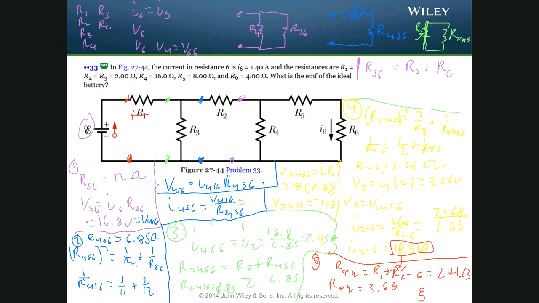And finally, we can say that our EMF through the circuit, through the ideal battery, is going to equal our 13.3 amps, I2 through 6, or I1. I'm going to write it here because this is equal to I1, because they're in series, times R equiv. That's 1 through 6, right?